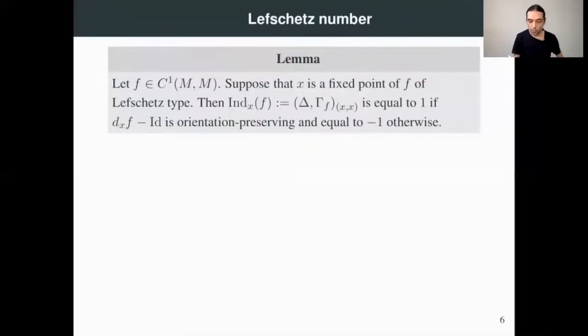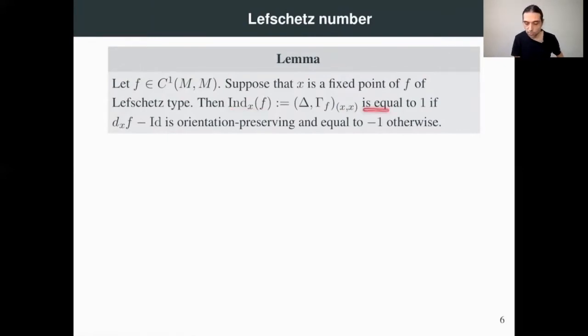Okay, we have this lemma because we want to calculate indexes associated to fixed points, and we are going to consider a C1 map from M to M and suppose that x is a fixed point of f of Lefschetz type. Then we can calculate this intersection number of the diagonal and the graph of f at the point (x,x), and by definition that's going to be the fixed point index of f at the point x.